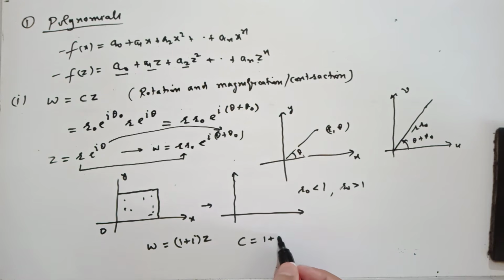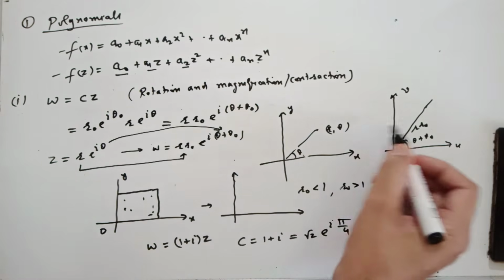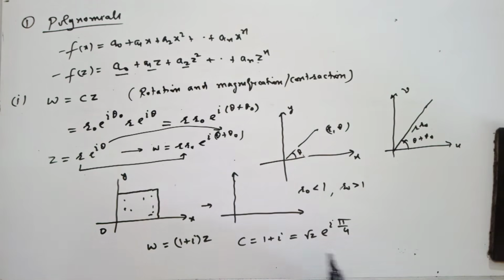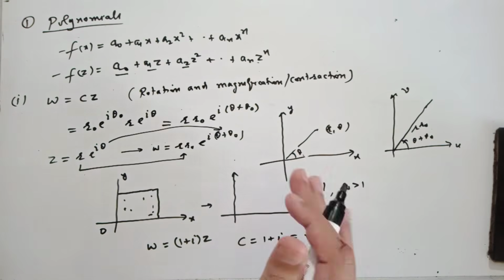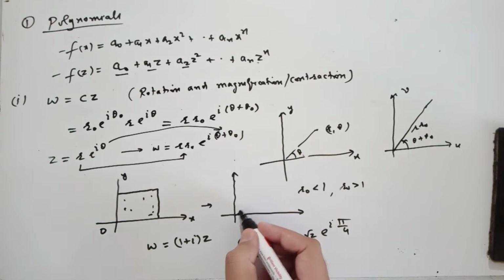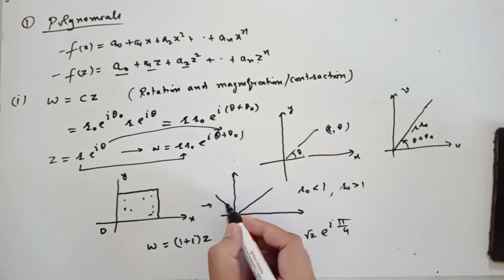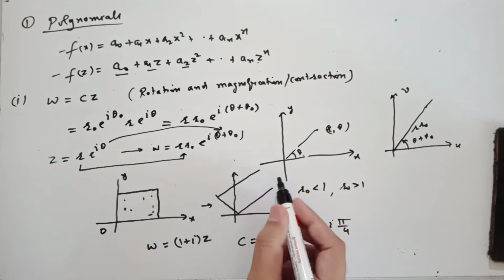1 plus iota. So in polar form, it is root 2 e power iota pi by 4. It means this rectangular region is magnified by a factor root 2, and it is rotated also. Each point is rotated by an angle pi by 4. So the whole rectangle is rotated by an angle pi by 4 and magnified by a factor root 2.